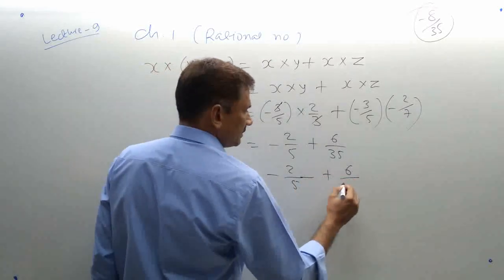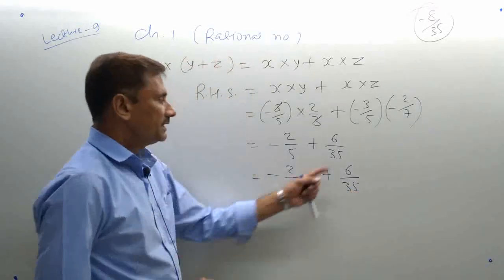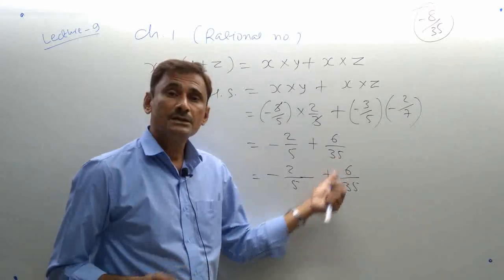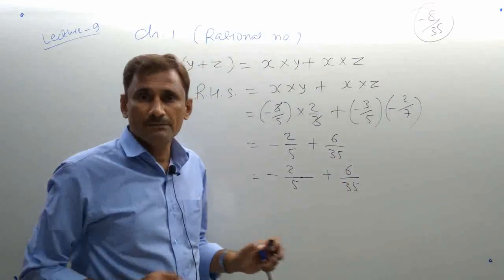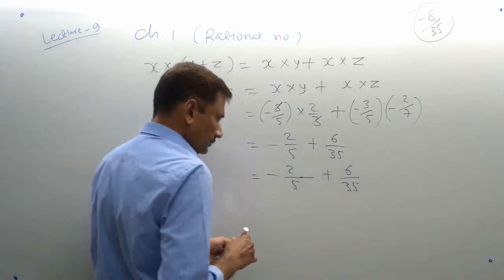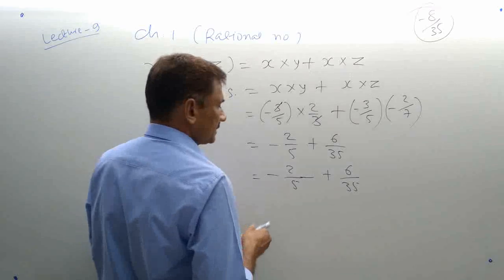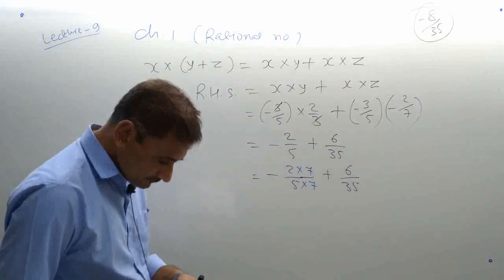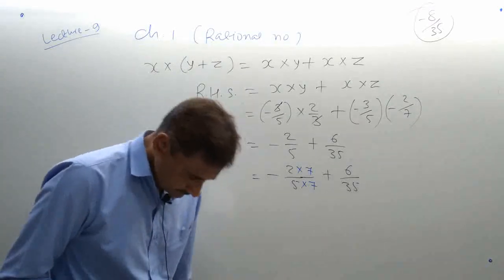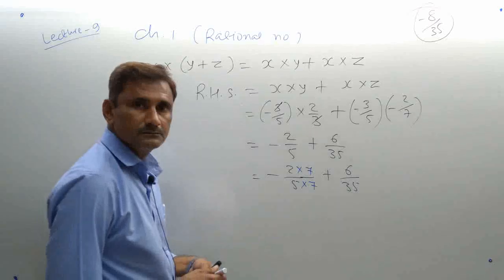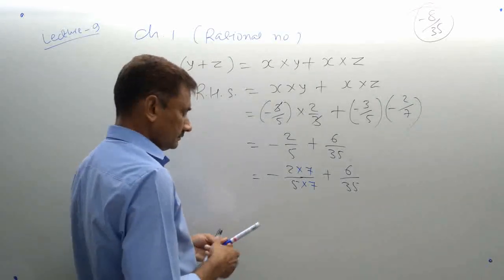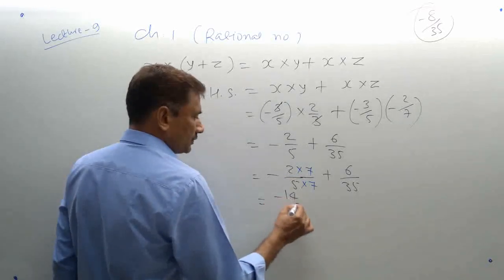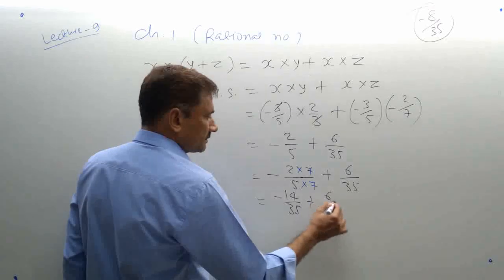Again I am telling you, whenever the bigger number is a multiple of the smaller number, the bigger number itself is the LCM, so no need to find it. Okay, so we get here in the denominator 35, so multiply by 7, multiply by 7. Okay, so minus 14 upon 35, 6 upon 35.